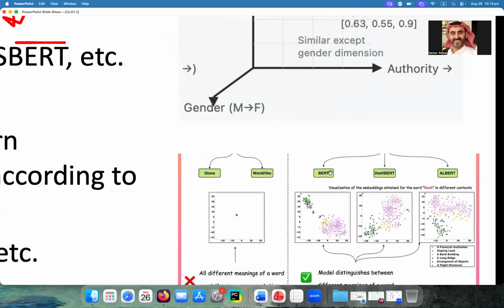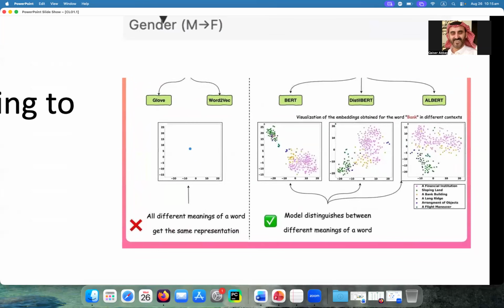What is the difference? Look over here. When there were GloVe and Word2Vec and FastText and things like that, if you have one word, you know that one word can have different meanings.